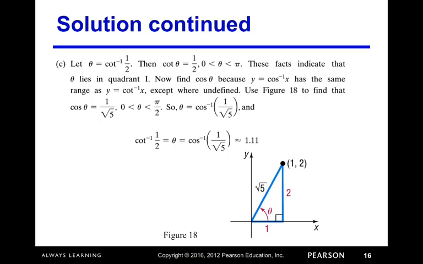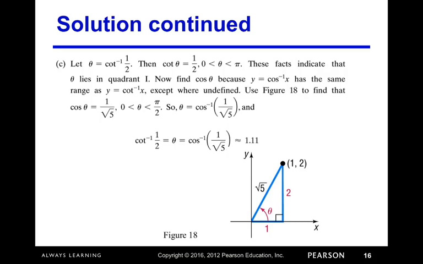Okay, they said since we're looking for cotangent, we know it has a tangent, we know it's in the first quadrant, since cotangent and tangent have different domains, we can't. They switch it to cosine because cosine and cotangent are the same domain.